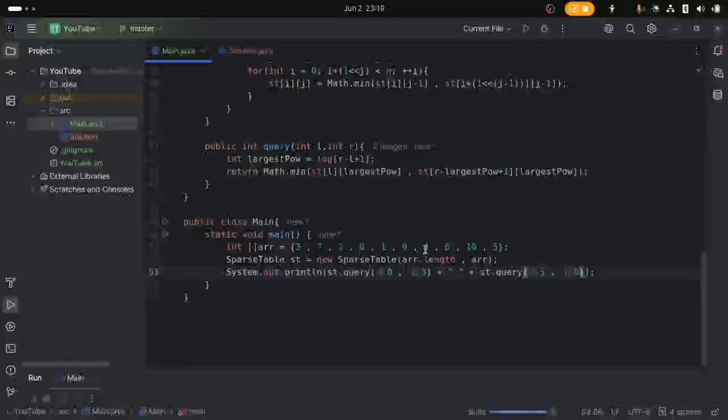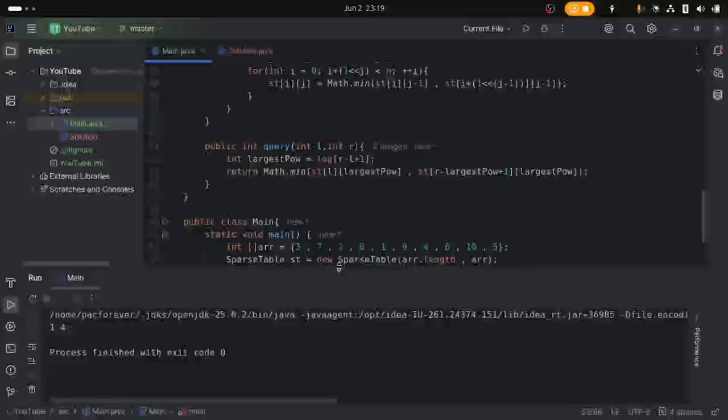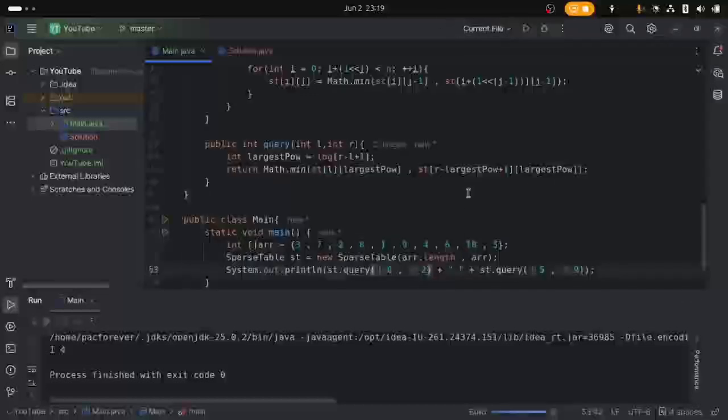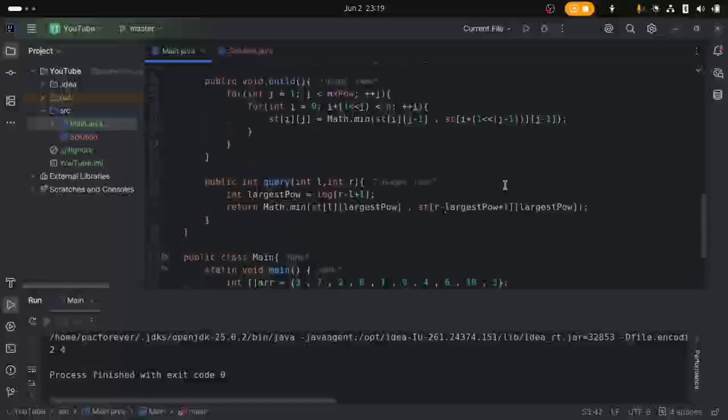So for 0 to 3 the answer must be 2, and for 5 to 9 the answer must be 4. Let me see what the output is. Well, we are getting wrong output.